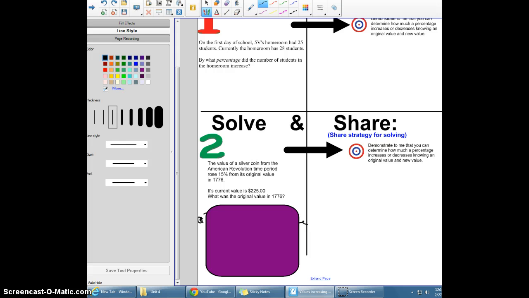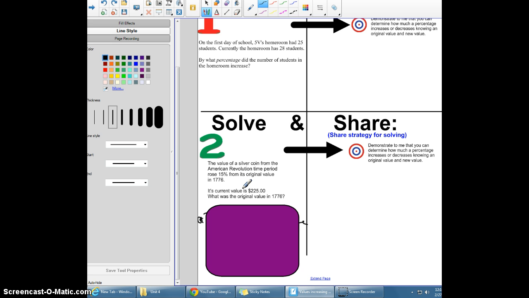I'll tell you right now, I'm not going to assess you or test you on this type of problem that I'm going to show you. I'm asking you to demonstrate that you can determine the original value of a number based on knowing its current value and knowing what percentage it rose.